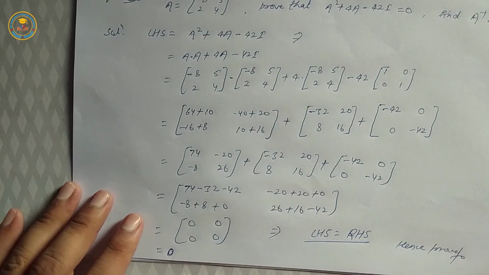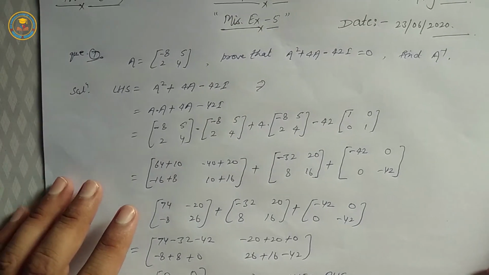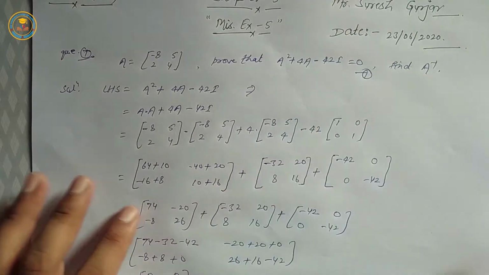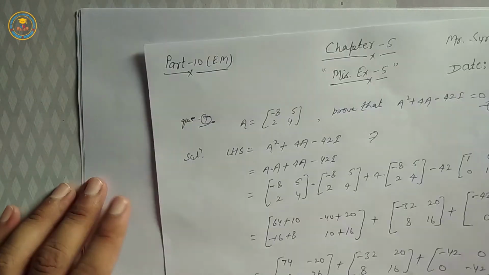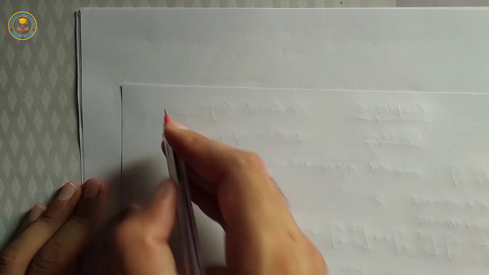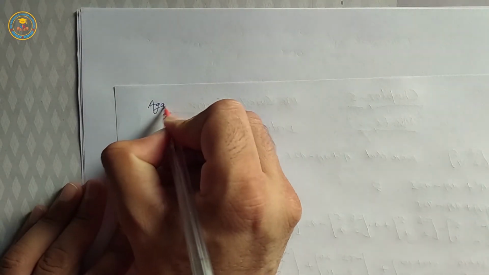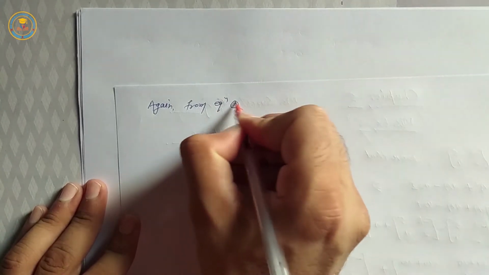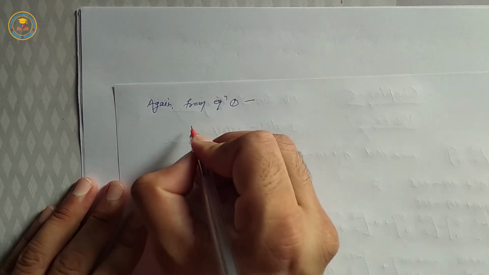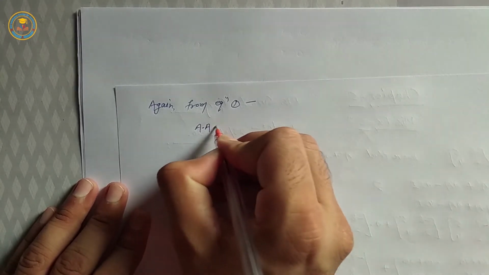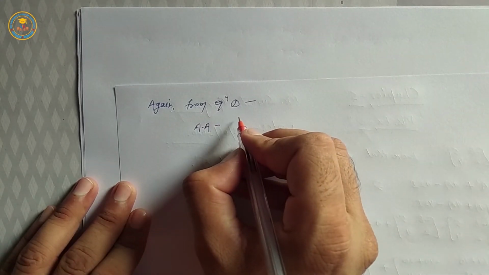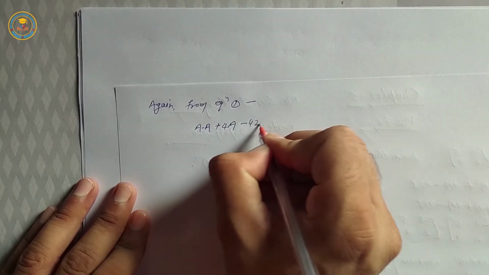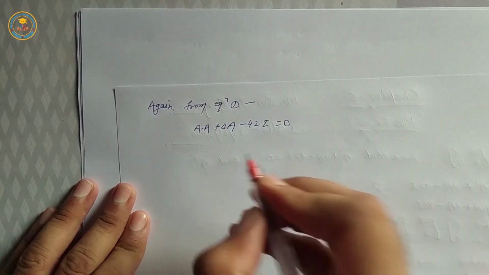It means, and find the value of A inverse. Equation first. Again, from equation first, A into A plus 4A minus 42I is equal to 0.